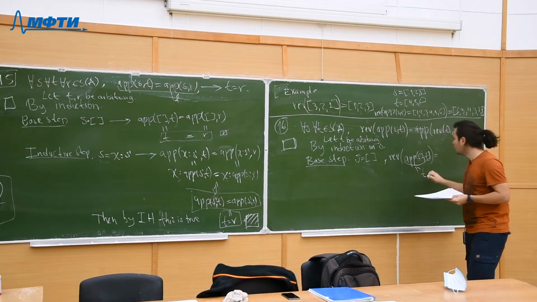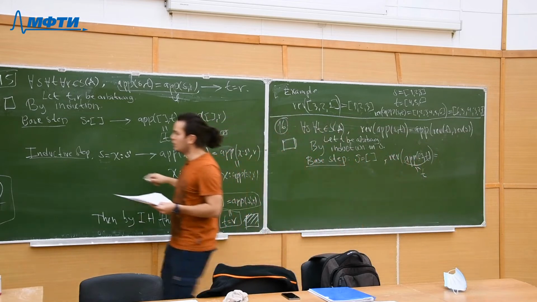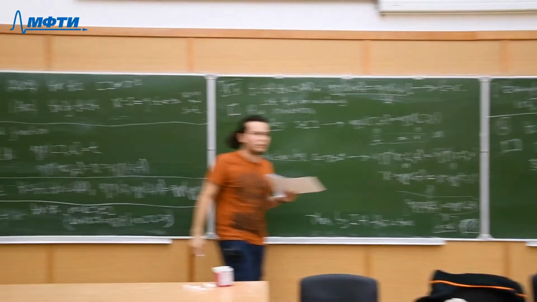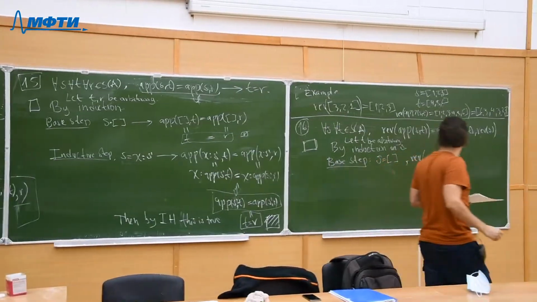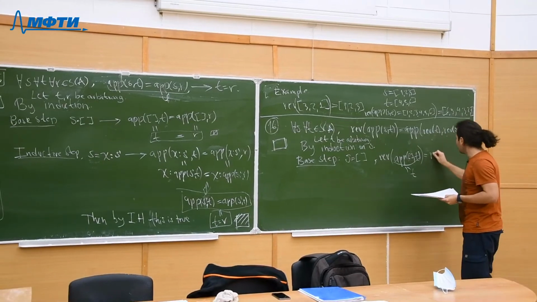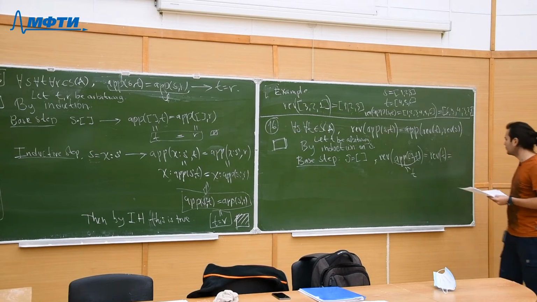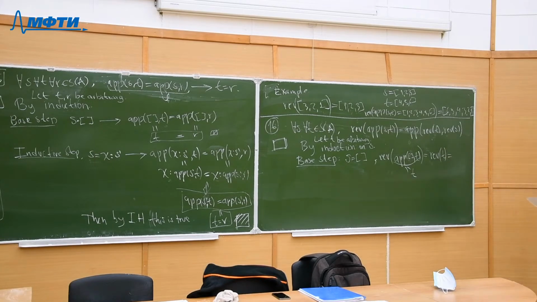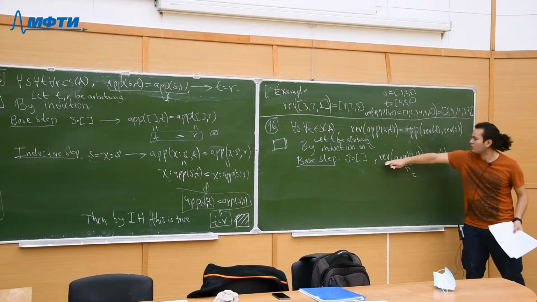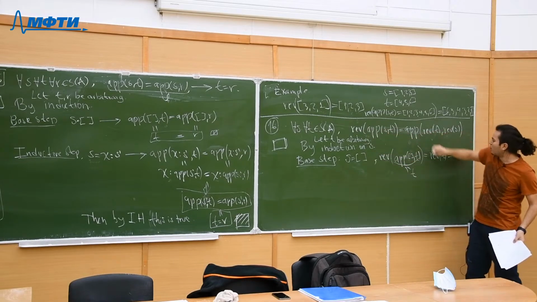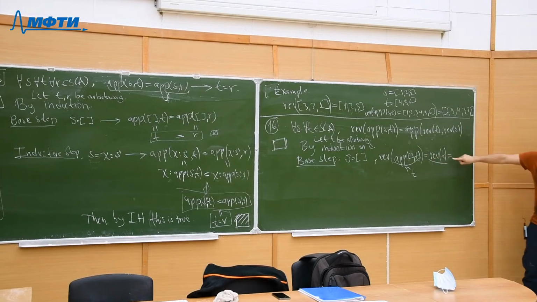Why? Because of the definition of the app function. Empty string and T will be T. So we have that this is the reverse of T. Okay, and now what do we need to show? We need to show that this is equal to this. But we obtained this. So what do we need to do here?